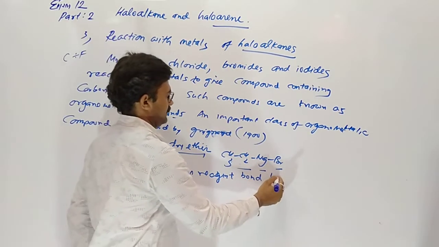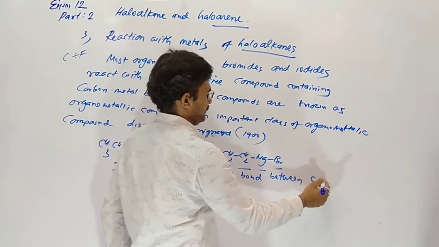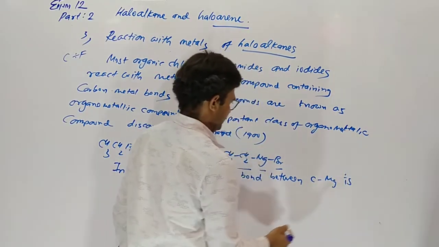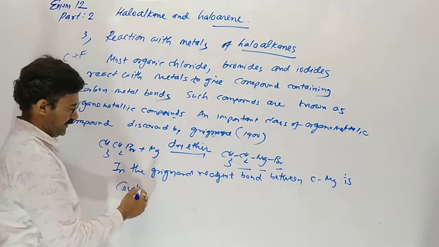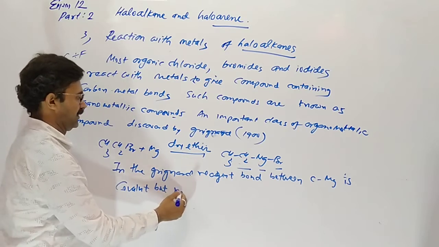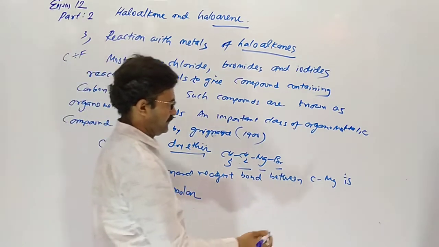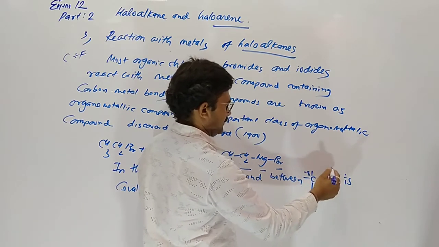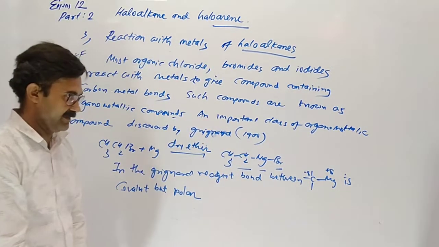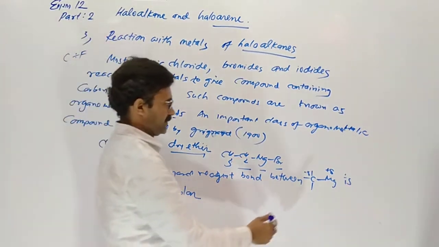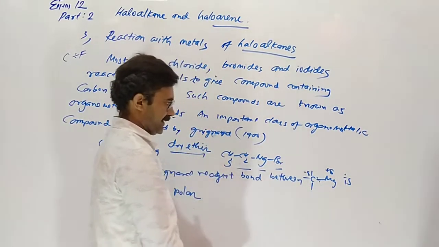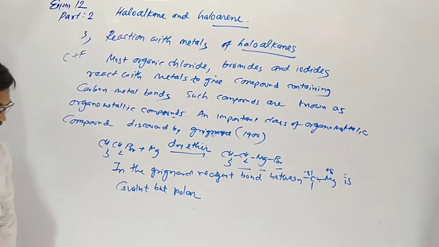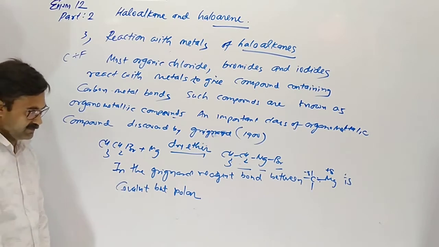The bond between carbon and magnesium is covalent but polar. Why? Electronegativity of carbon is high and magnesium has less, so the electrons between them are attracted toward the carbon atom. Polar covalent bond.